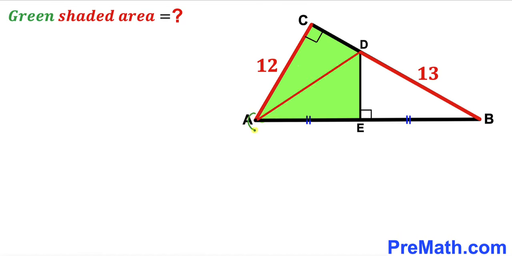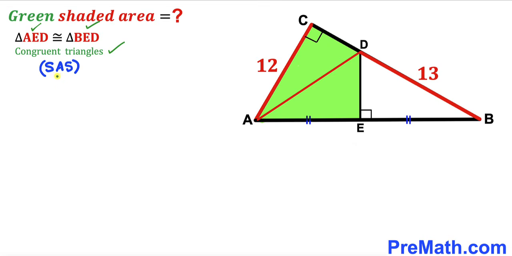And here's our next step. I have connected this point A with this point D. As a result, we got these two right triangles, triangle AED and triangle BED. We can see that triangle AED and triangle BED are congruent triangles according to the side angle side congruency theorem.